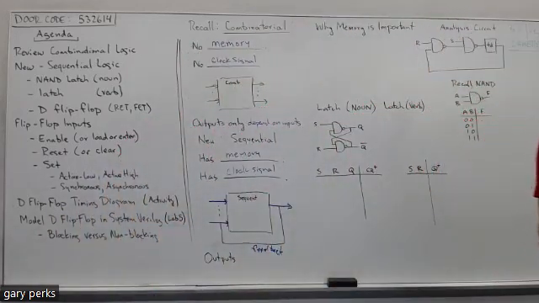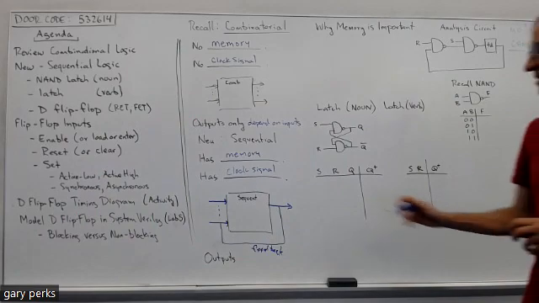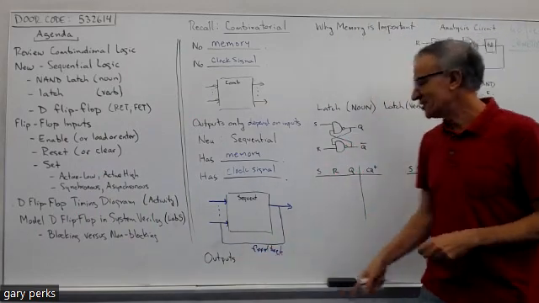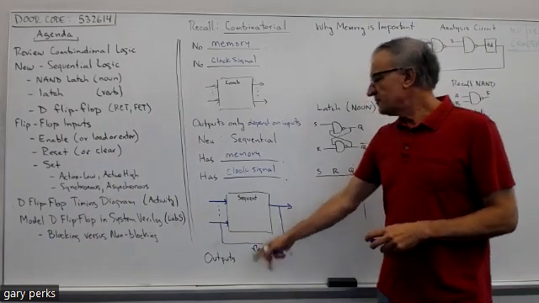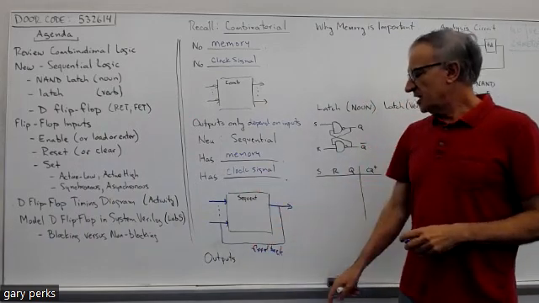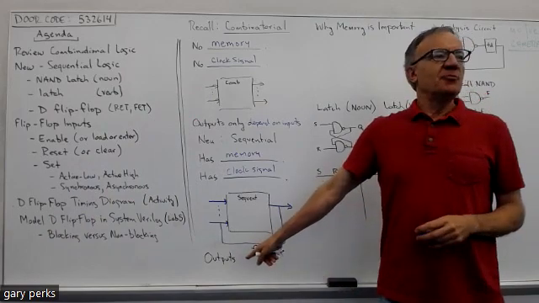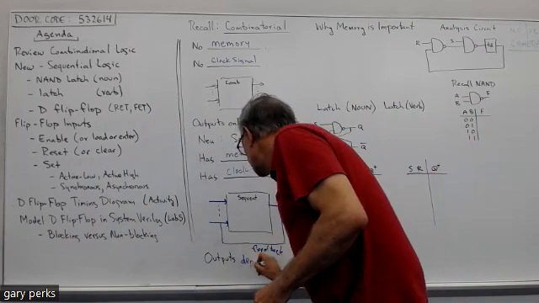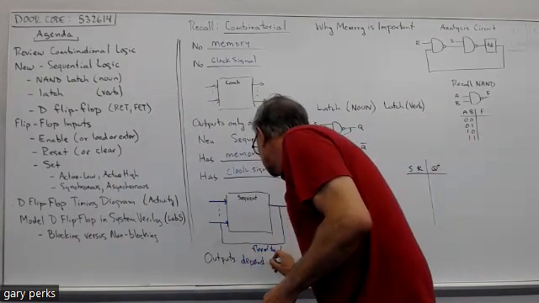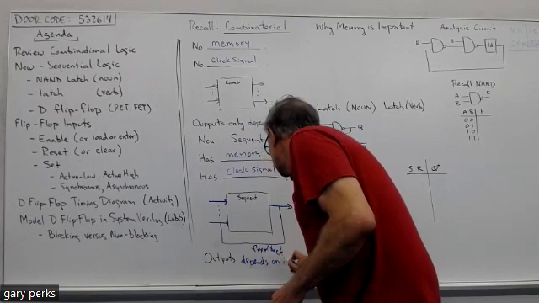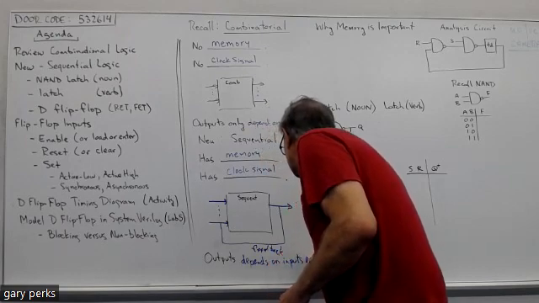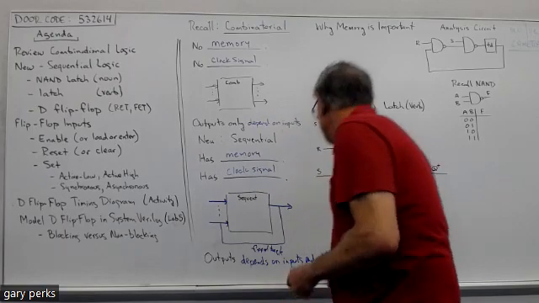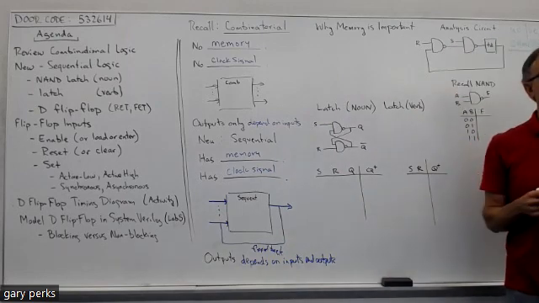So memory circuits, digital circuitry with memory, have feedback. I apologize if this is too low, I was trying to squeeze it in here. The definition goes with this high-level black box diagram: outputs of sequential circuits depend on inputs and outputs. Okay.